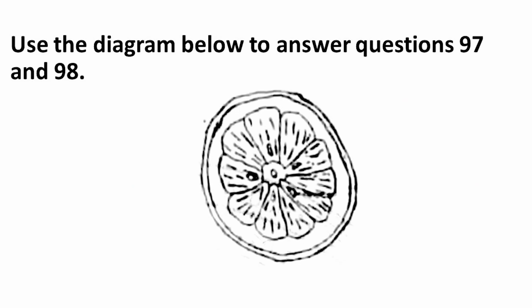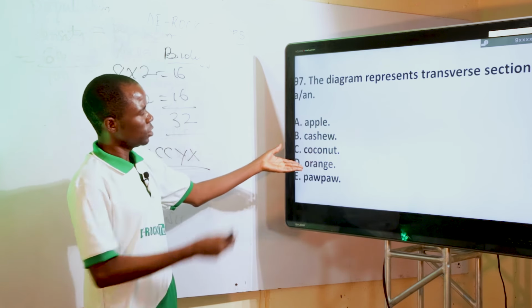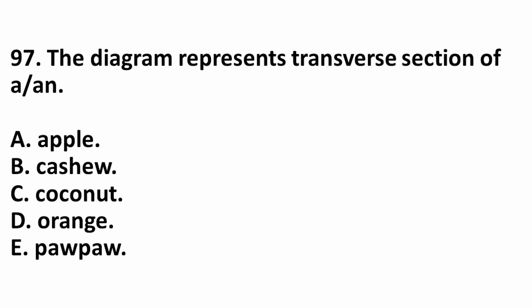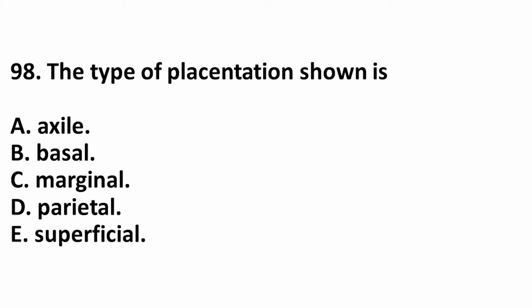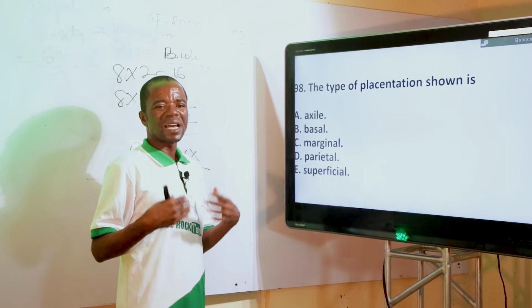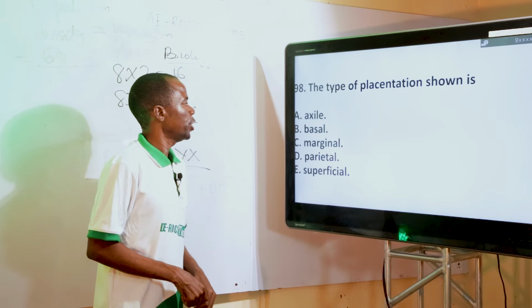So that's definitely option D. The diagram we just looked at is a section of an orange. Let's look at number 98. The type of placentation shown, the type of placentation that is present in an orange, is axile placentation. That is option A.